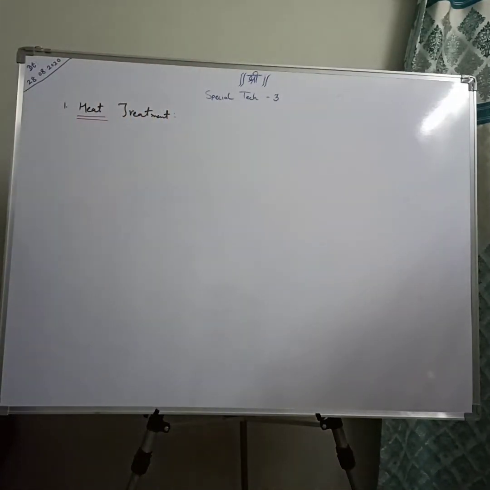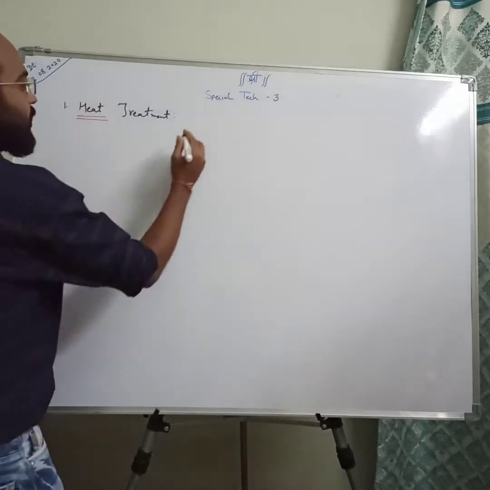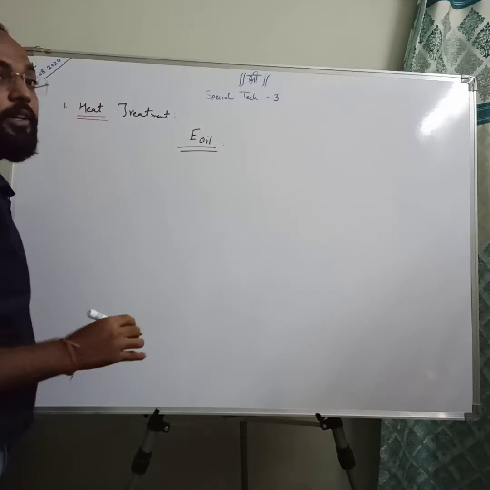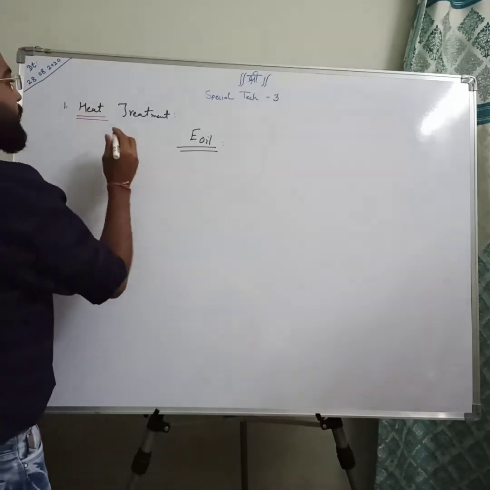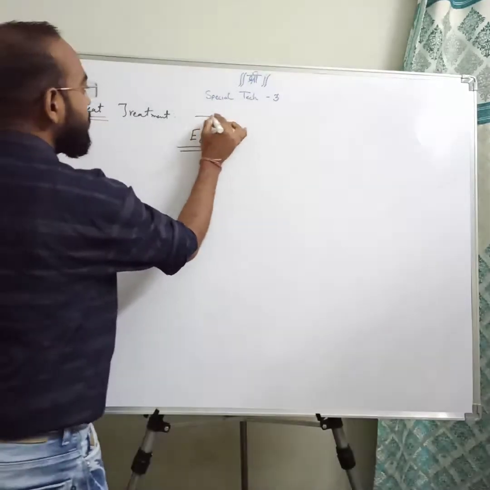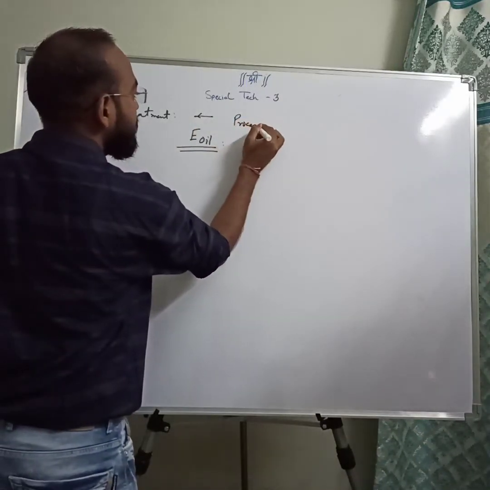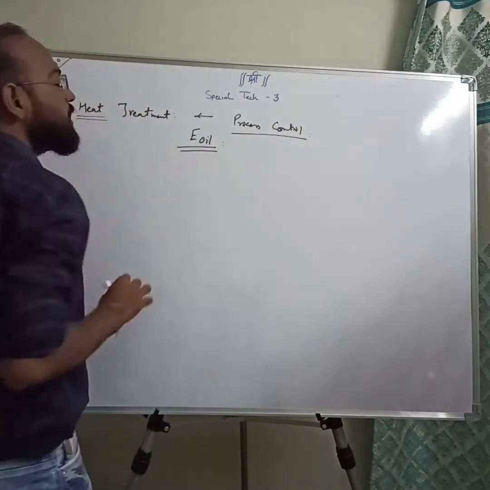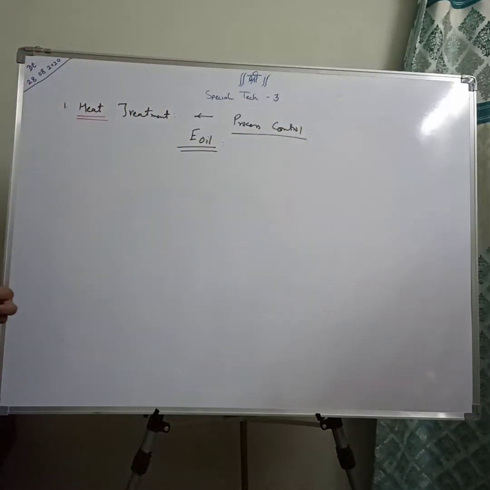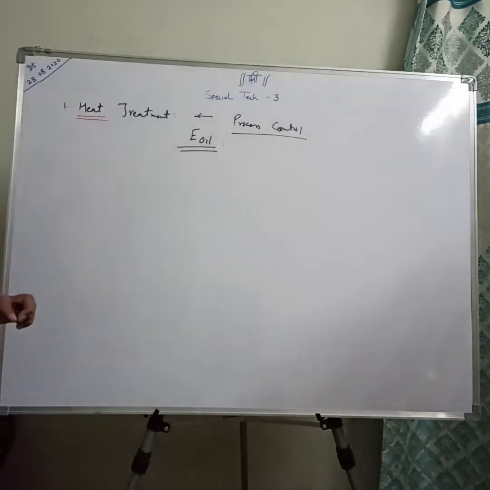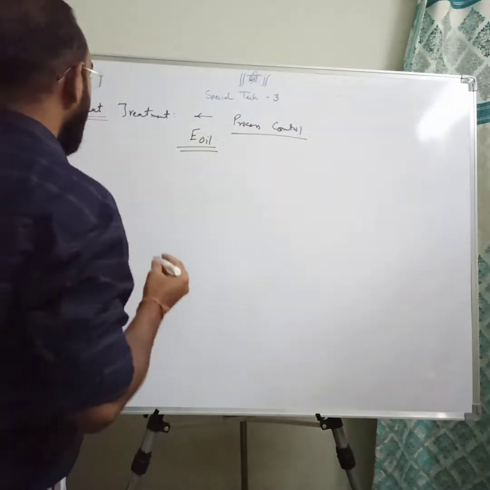Now, our product is edible oil, and it should be consumed by human beings. So, during heat treatment, strong supervision or process control is needed. Heat treatment should be carried out in a very proper and sophisticated manner with sophisticated, well-designed equipments and proper process control.